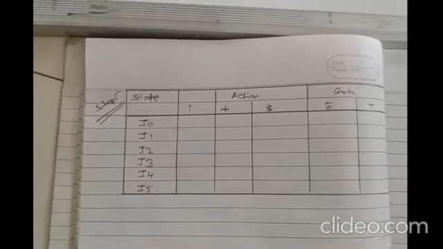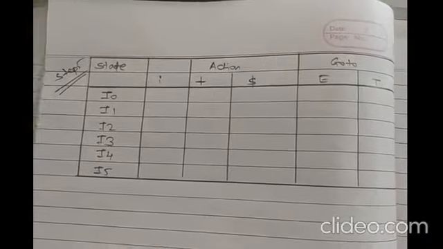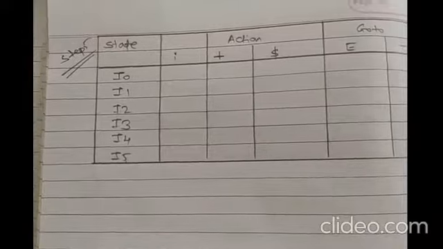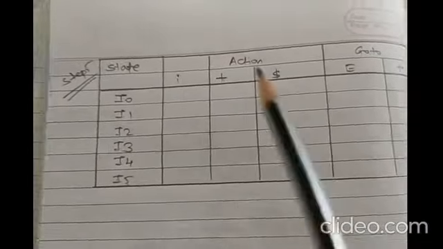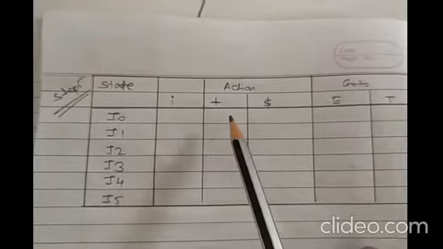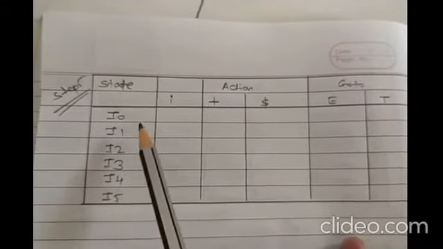For the action part, we will get the shift operation and reduce operation, and for go to, no shift or reduce notations or operations are written. In the action part, shift as well as the state which is to be shifted is written. In the go to, only the state number is written. So just see I0 on I, plus and dollar possible or not, and I0 on E and T possible or not.